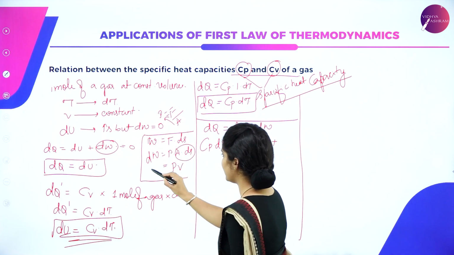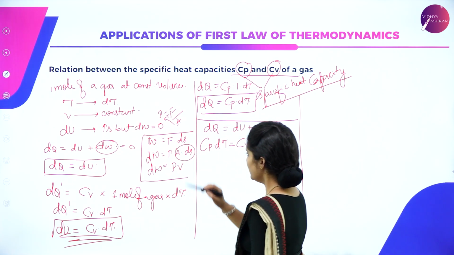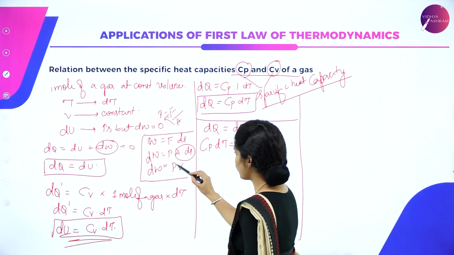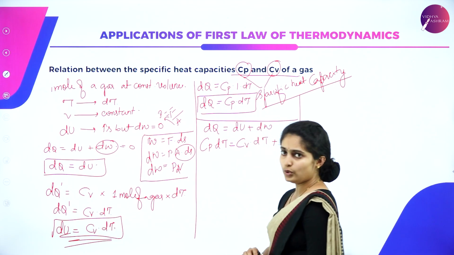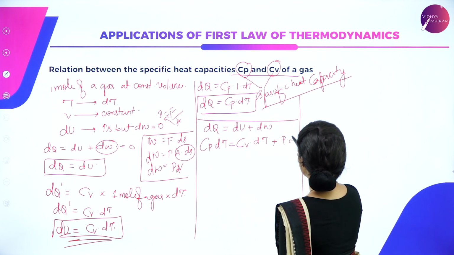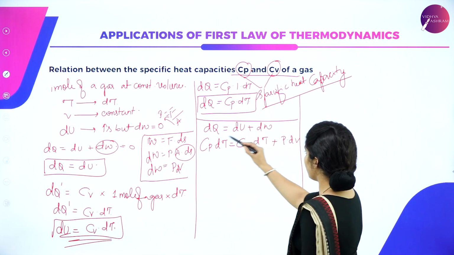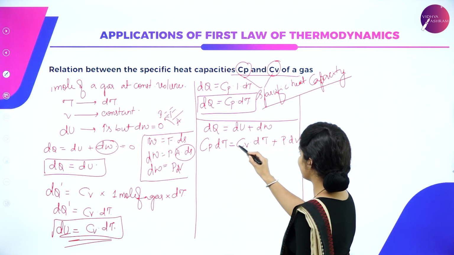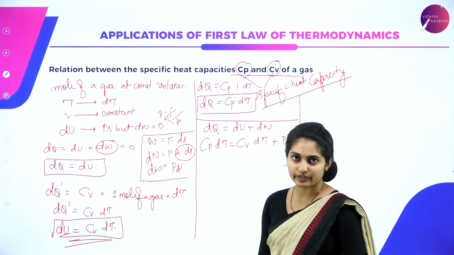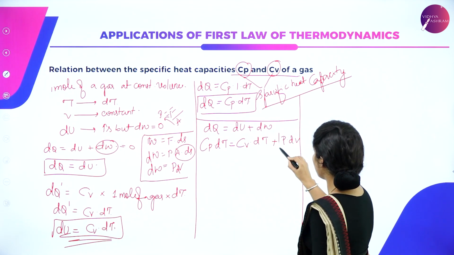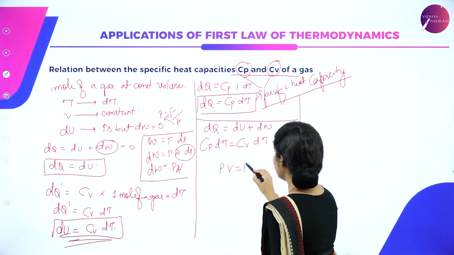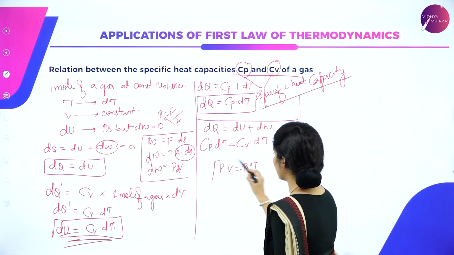So for the change in volume, dW is P into dV. On application of this, Cp dT = Cv dT + P dV is the equation we get. In order to apply certain values, we can take PV = RT, which is also known as the ideal gas equation.